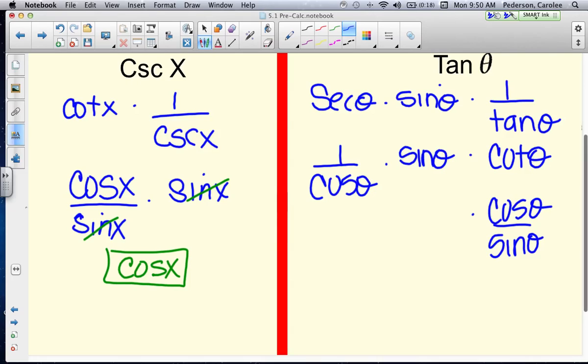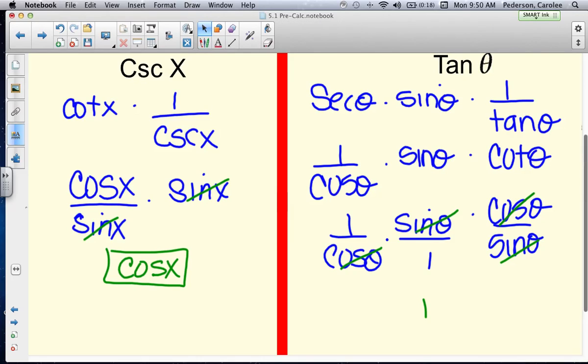Now let's see if some things cancel. 1 over the cosine of theta times sine of theta. Let's write a 1 there. What cancels? The sines and the cosines. So our final answer is 1. Stop there.